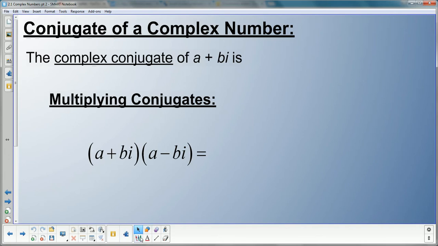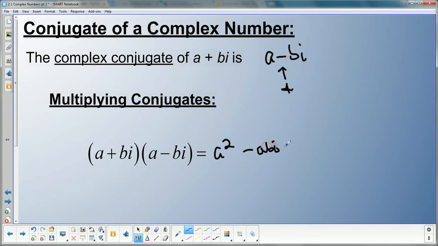So first piece, if we want to talk about our complex conjugate of a plus bi, then our complex conjugate, meaning we just switch the sign here. Okay, that's the important piece, a minus bi. Now, when we multiply a plus bi times a minus bi, we can do it out longhand, so we'd FOIL a squared, then we'd get minus abi plus abi, and then minus b squared i squared.